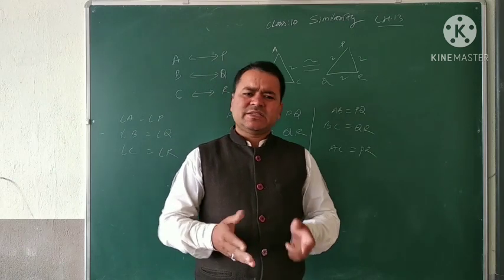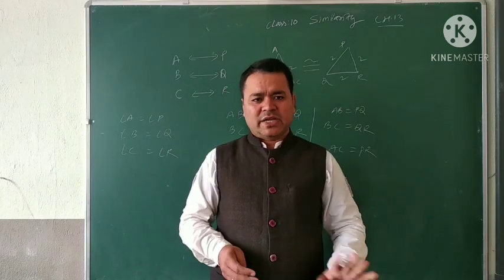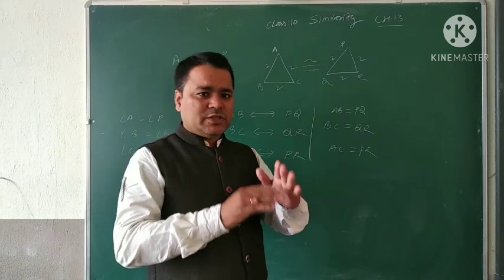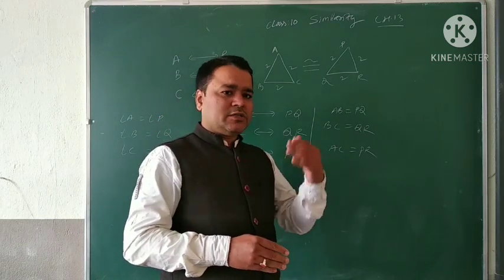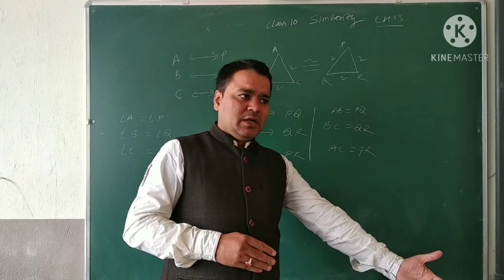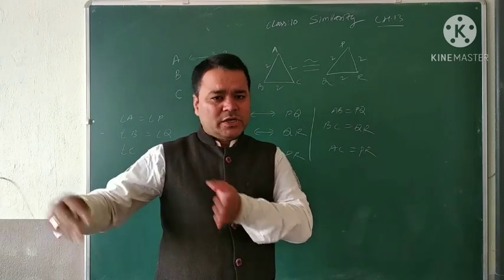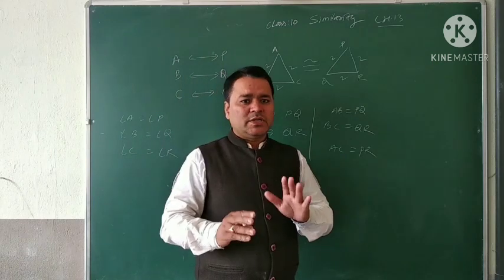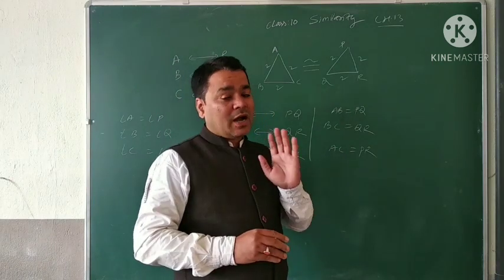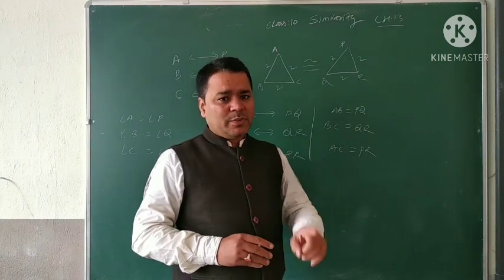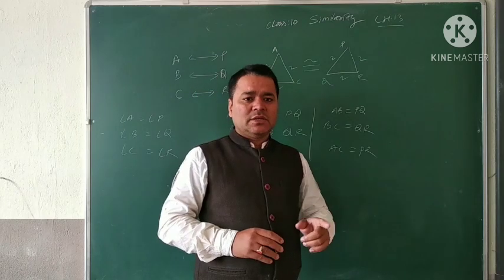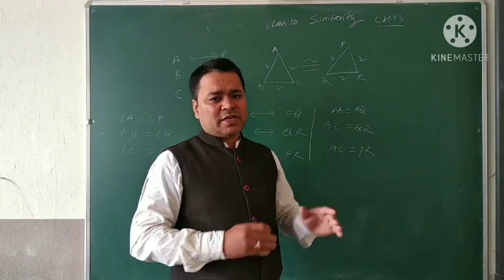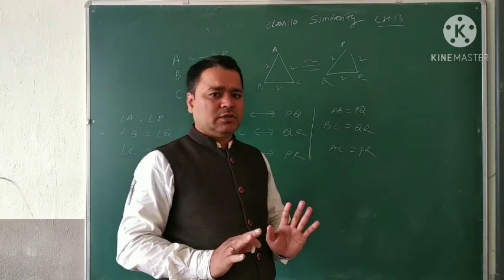It may be RHS, like right angle hypotenuse. Using those 3 components, first we try to prove that 3 components of the first triangle are equal to the 3 components of the second triangle, and in that way we can prove that they are congruent. And after congruency, using the CPCT rule, you prove that the other corresponding component is also equal.